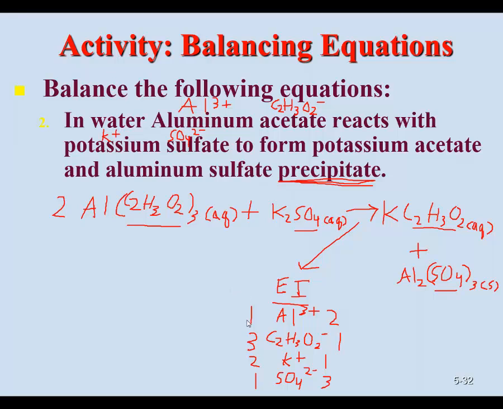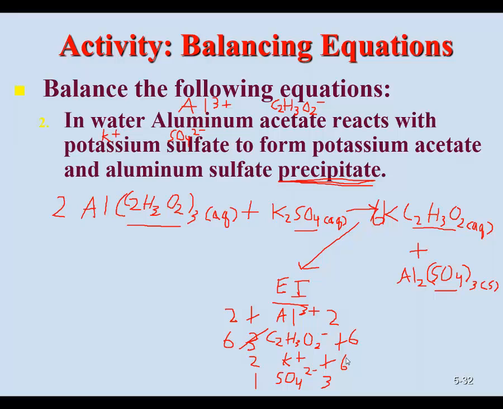That'll give me 2 aluminum cations on both sides, but it did change my number of acetate ions to 2 times 3 to 6. So I went from 3 to a 6. Now to balance for acetate on the product side, I'm going to change my potassium acetate coefficient to a 6. So I changed that to a 6. So I ended up with having 6 potassium cations, but that also gave me 6 acetate ions. So I'm balanced for aluminum and acetate at this point.